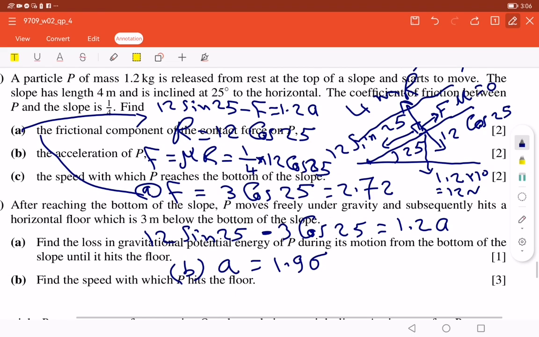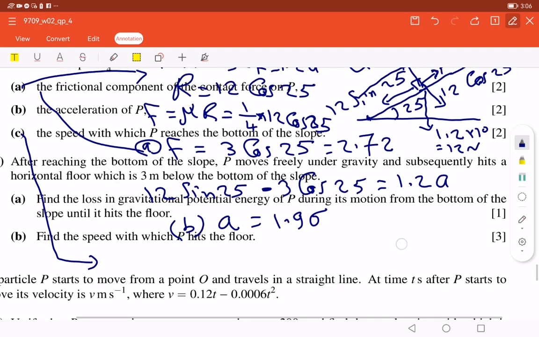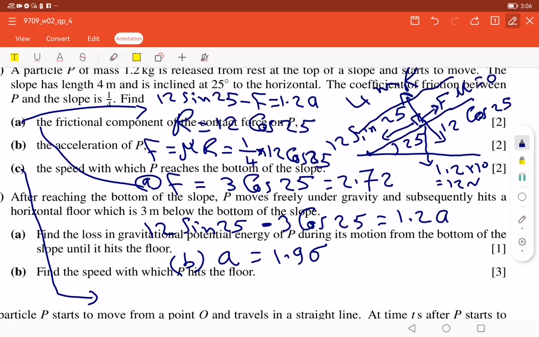Now we need to find item C, the speed with which P reaches the bottom of the slope. To find item C, we need to find the speed of the particle at the bottom of the greatest slope, means after covered distance equals 4.